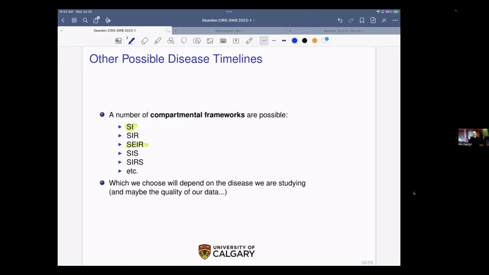That basically allows for a latent period where, after getting the disease, your body is reproducing the virus, the bacteria, the pathogen inside you. There's a time at which you don't have enough of that pathogen to infect other individuals. So you go through this exposed period, we refer to it, where you're infected but not yet infectious. In a lot of diseases, that's a very important thing to include.